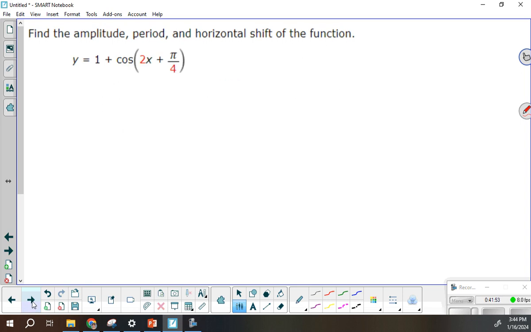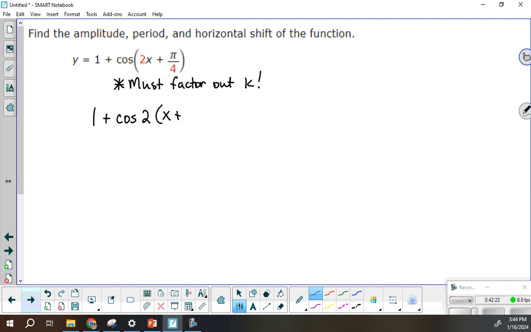So this one, the trouble with this one is they don't have the k factored out, okay? So what we need to do here is rewrite this as 1 plus cosine of 2 parentheses, then x plus, what would that be?